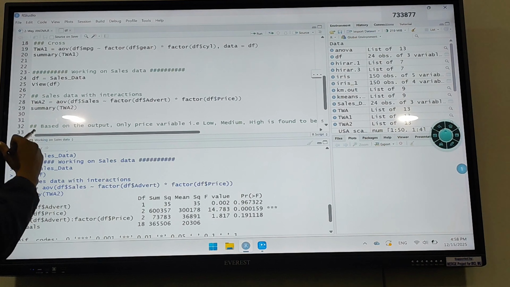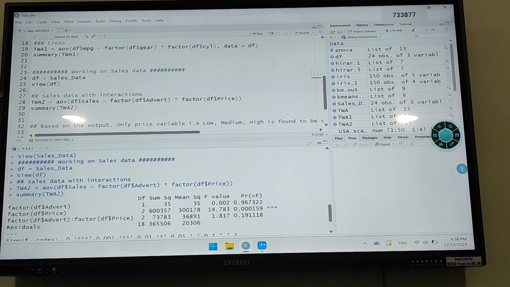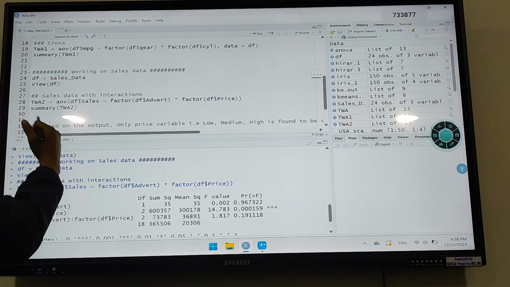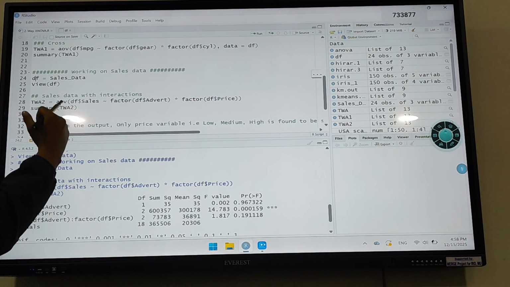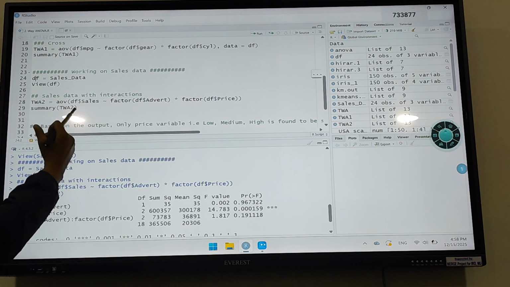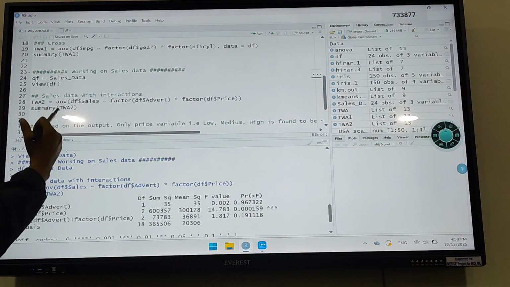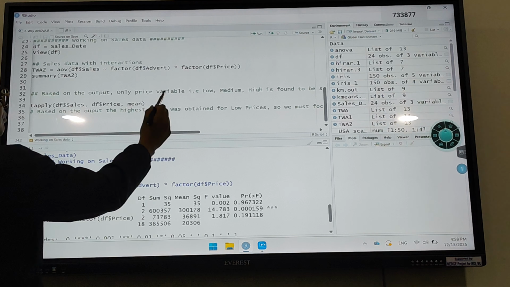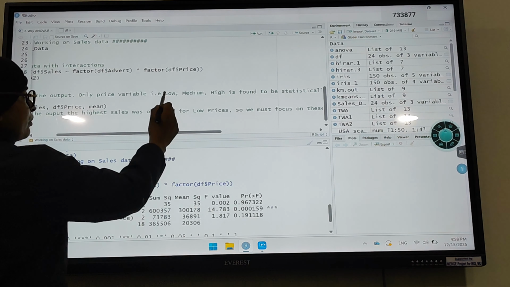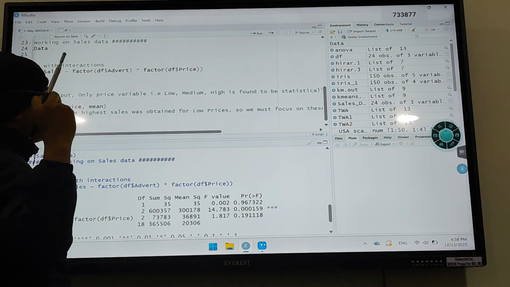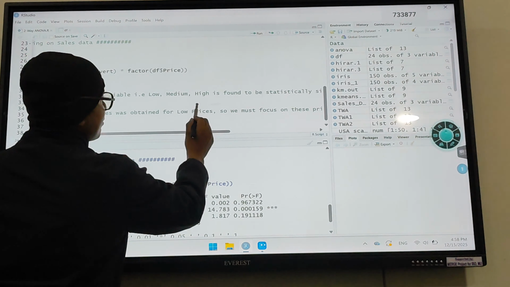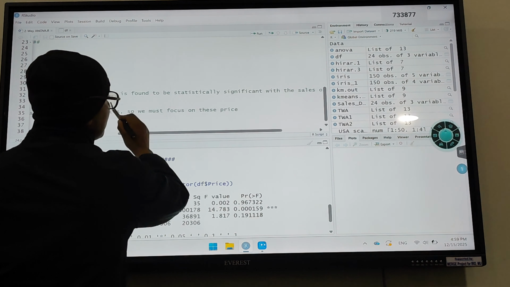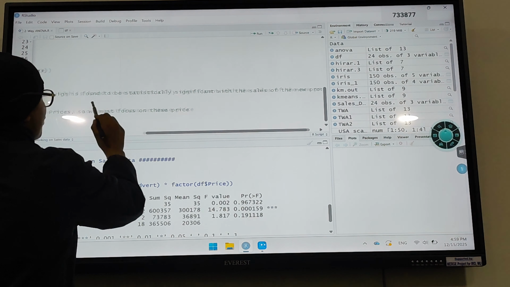Because price has a significant effect, the mean is different across price levels. Different prices can have different sales. So based on the output, only price, a variable categorized in three groups, low, medium, and high, is found to be statistically significant with the sales of the new product.